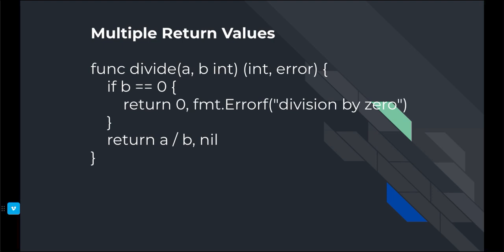It returns the result of the division as the return value. Nil is returned as the second value, indicating no error occurred. In Go, nil is often used to signify the absence of an error. We keep using this in many places.